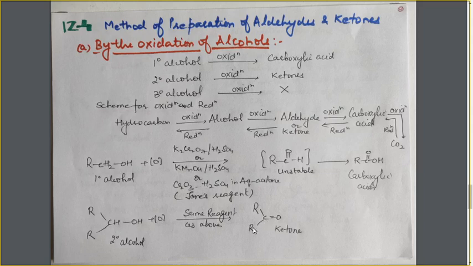And for the formation of this OH group at this position, we have to break this carbon-carbon bond. And this carbon-carbon bond is quite strong. That's why these strong oxidizing agents under this condition cannot further oxidize this ketone into carboxylic acid. So we will get the ketones from 2 degree alcohols.